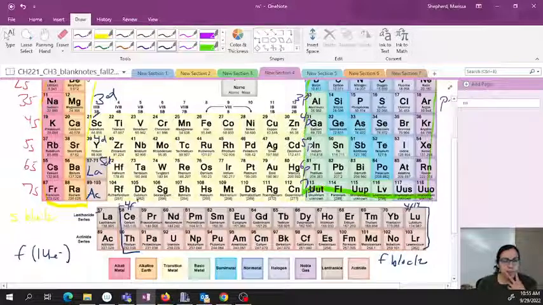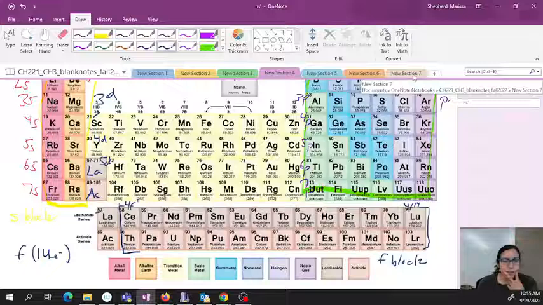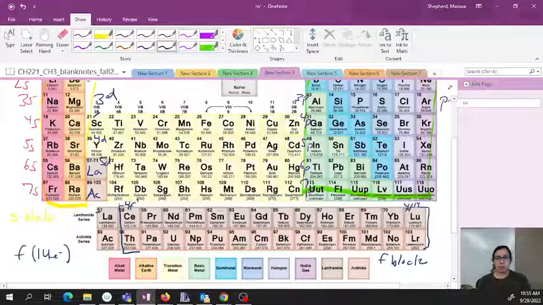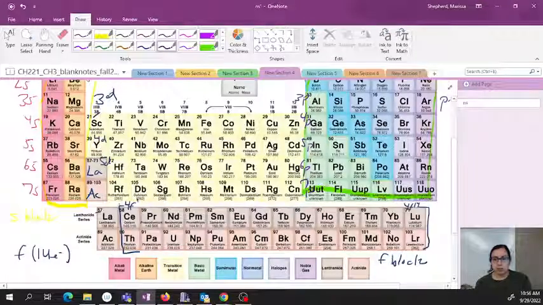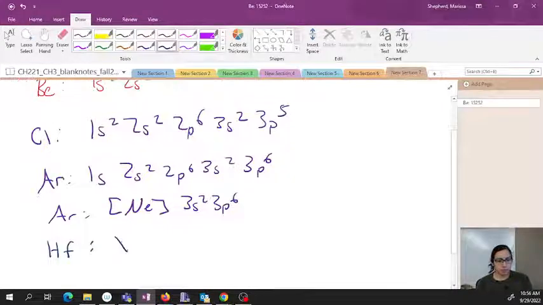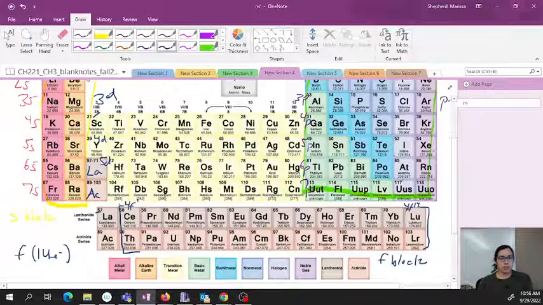And so let's do hafnium together so you can see what I'm saying. And so what noble gas can we start with for hafnium? Xenon. So we'll look at xenon. So we start with xenon, and so that brings us to 6s2.